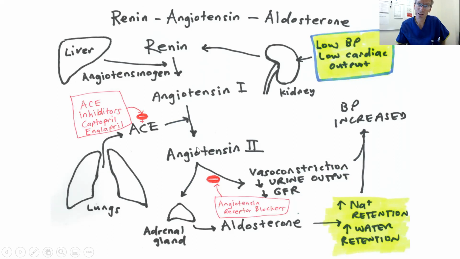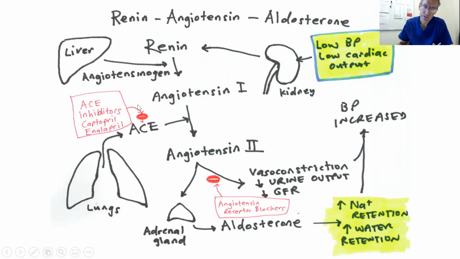The only reason why it's useful to know these two stages is that there are different enzymes involved. One is produced in the liver, called angiotensinogen, and the other one, which you'll know about, is called angiotensin converting enzyme, and that converts angiotensin 1 into angiotensin 2.